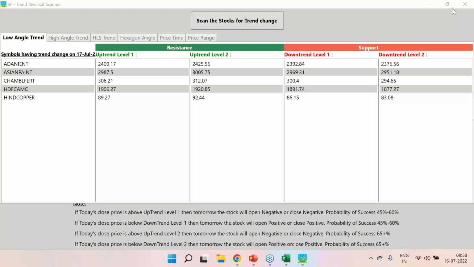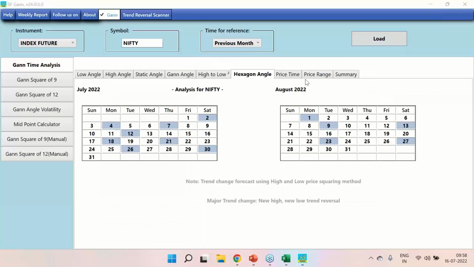So you can take formulated decisions based on that. Along with that, other Gann studies are also given. This is one of the simplest studies, which eliminates all your calculation, relying only on the trend reversal action.